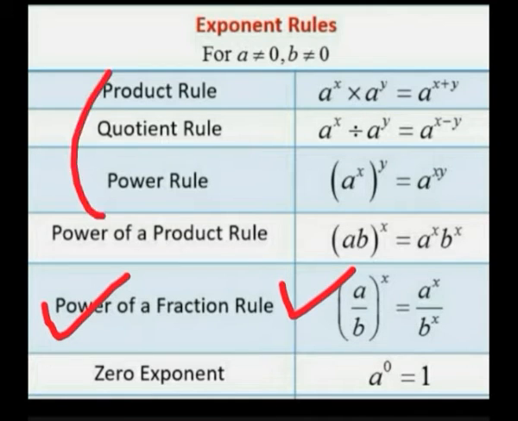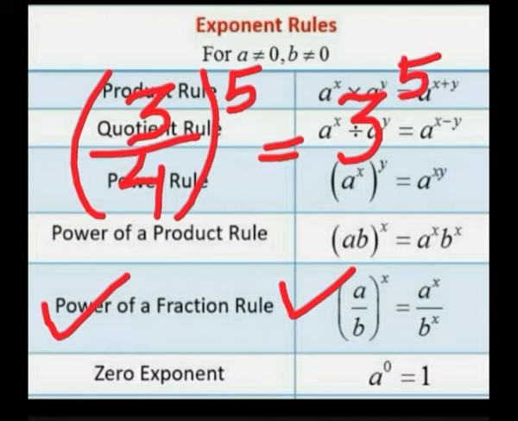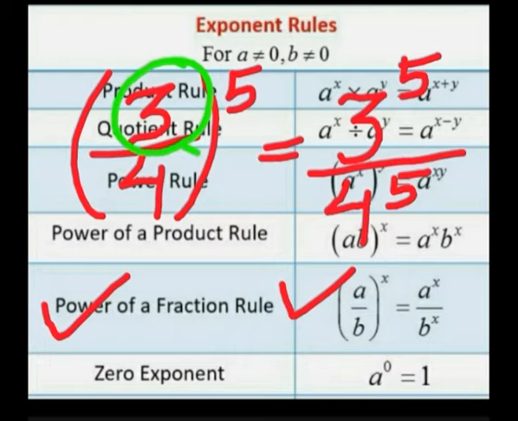If I say that I have 3 by 4 whole raised to the power 5, how can I write it? I can write it as 3 raised to the power 5 upon 4 raised to the power 5. Here we had two bases, one is 3, another is 4. The division of both of them was raised to an exponent 5.